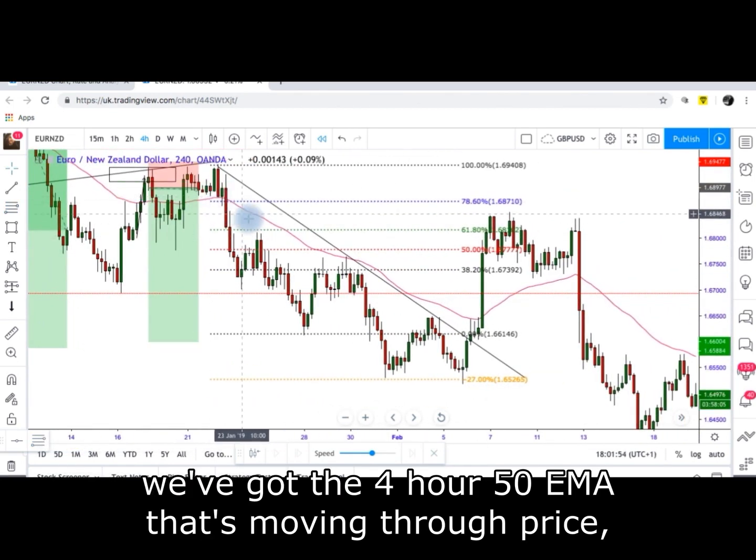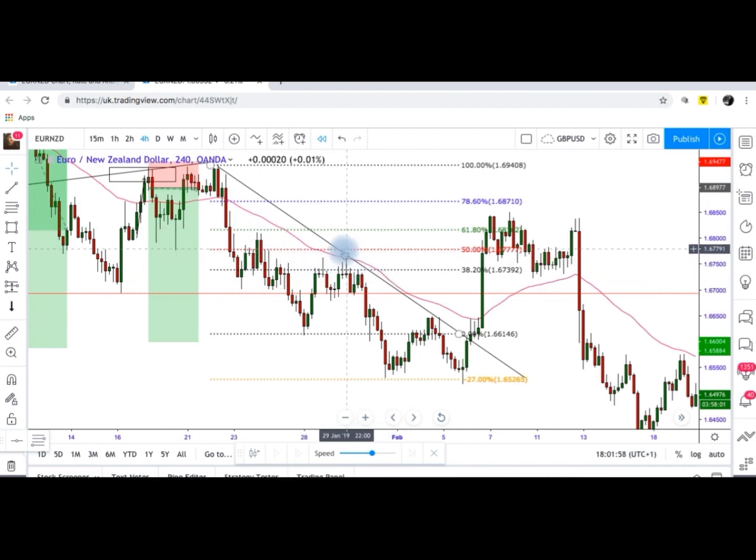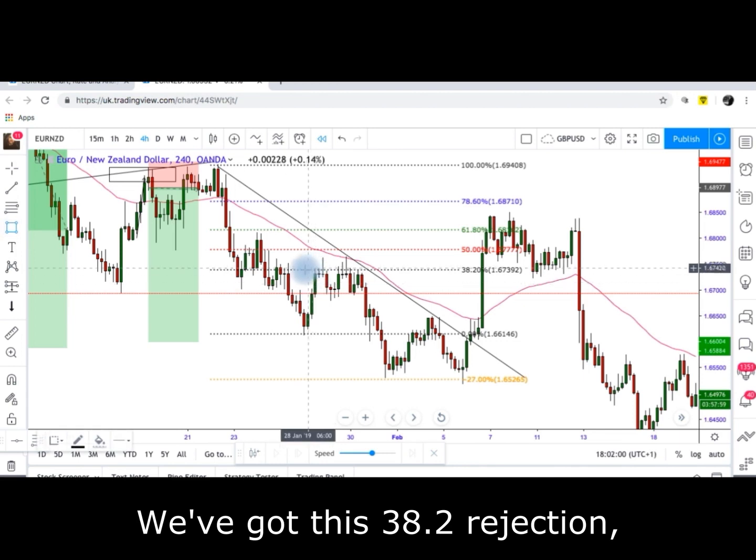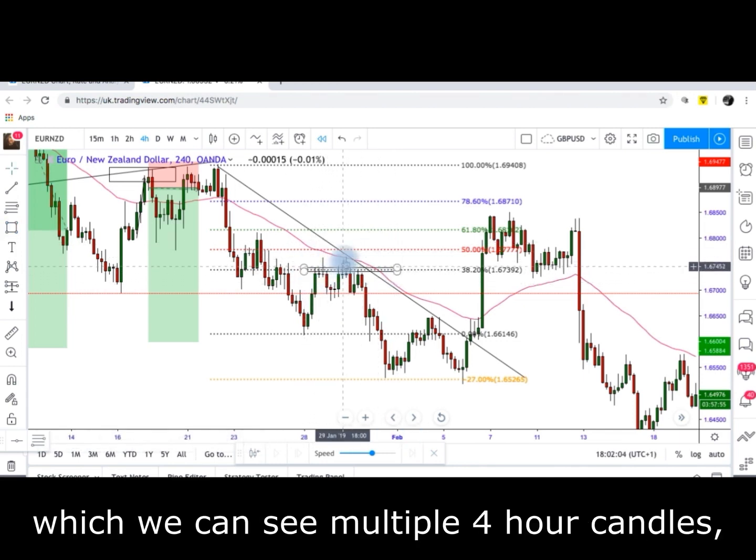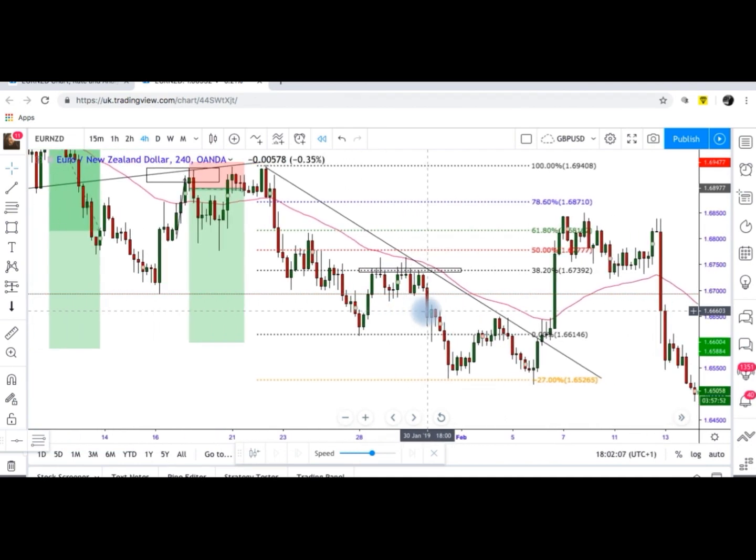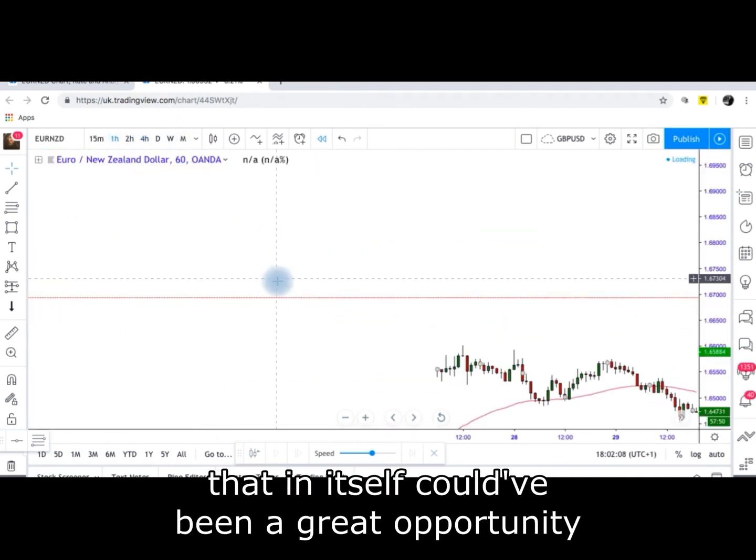We've got the 4 hour 50 EMA that's moving through price and it's capping it beautifully. We've got this 38.2 rejection, which we can see on multiple 4 hour candles. That in itself could have been a great opportunity to go short.